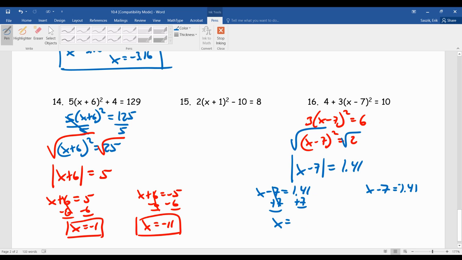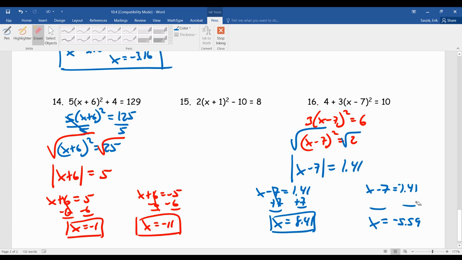So x equals 8.41. X equals, what's this going to be? -5.59, I think. No, wait. Why did I write plus 8 here?